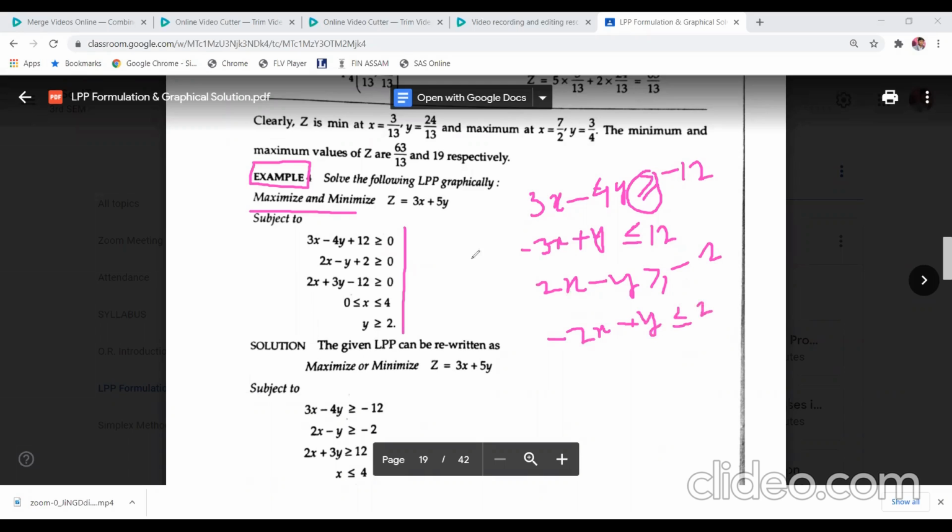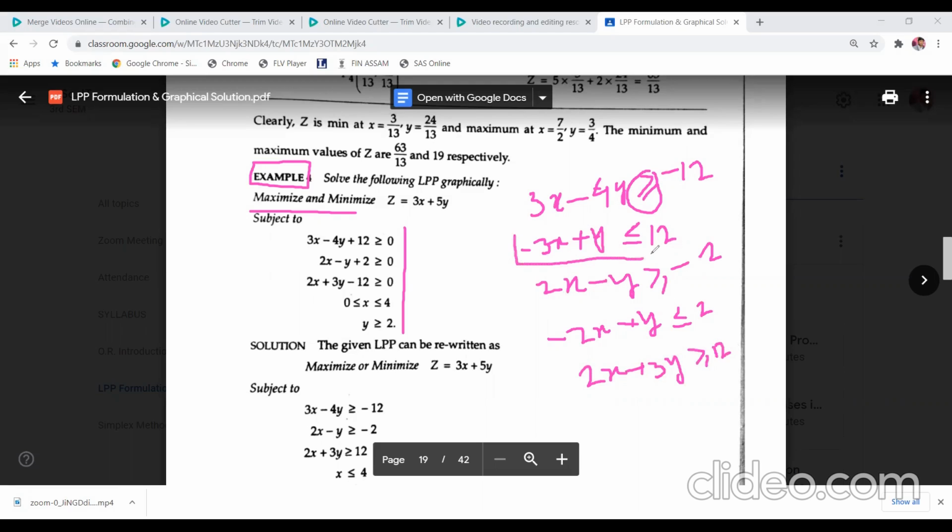Make it positive. Similarly, the other one is already 2x plus 3y and minus 12. Take it to the right side, so it will be greater than or equal to 12. Okay, so these are the inequations.